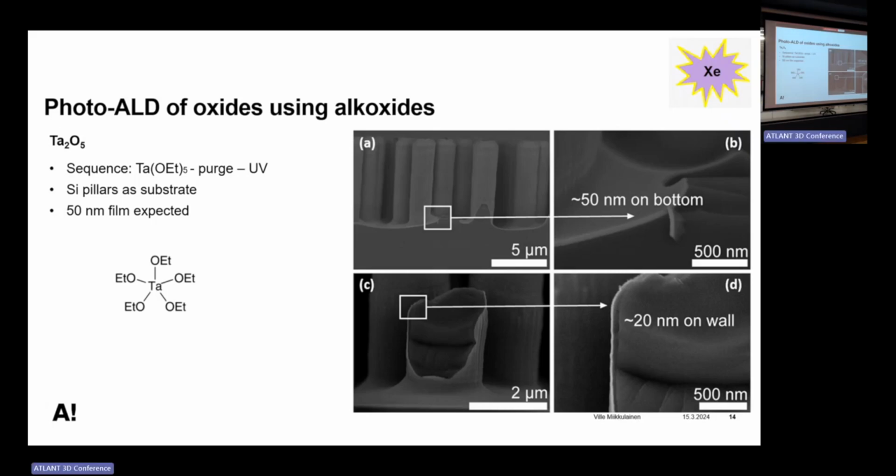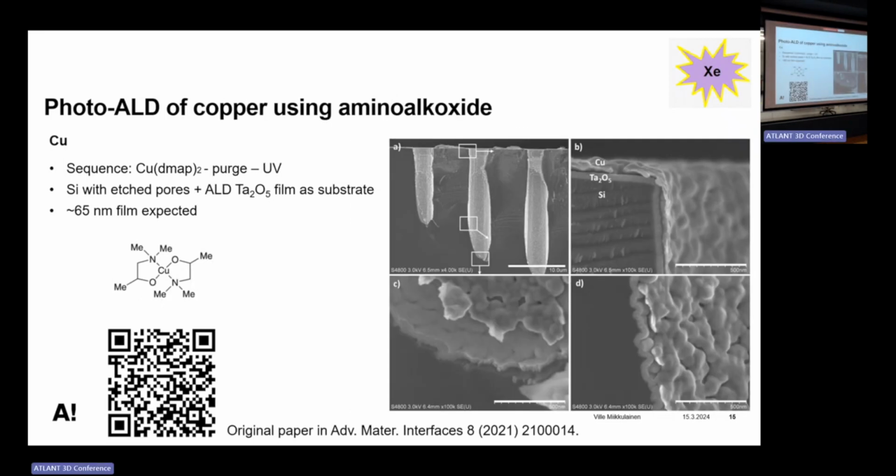As long as we can get light onto the surface, then we can get it deposited. On copper, we did a similar experiment and found quite similar things, so that it's there in these pores, but slightly thinner on the walls.